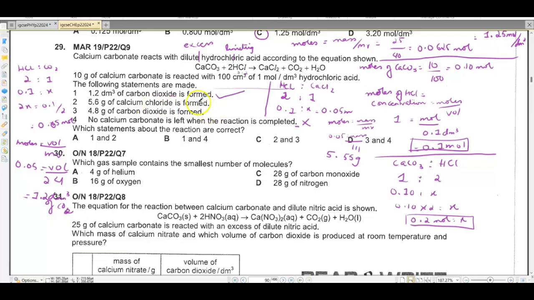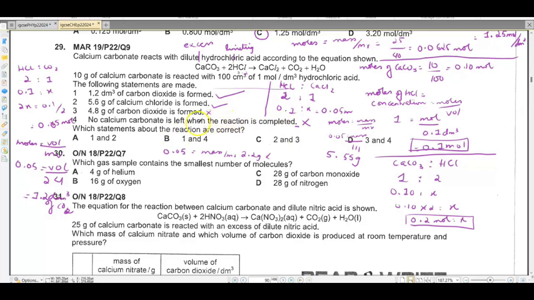Do we have an option in which 1 and 2 are correct? Okay, so we found out that this is also correct to an extent. For the 2 one, 4.8 grams of carbon dioxide is obtained. If we want to check, we find moles of carbon dioxide and then mass by Mr, so it will give 2.2 grams. So this is not correct, and these two are not correct.